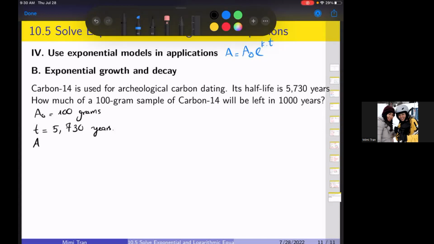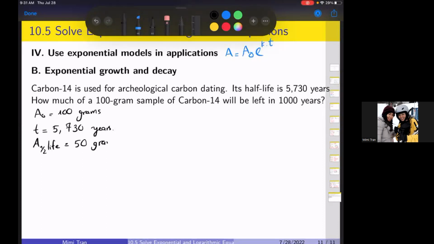So after one time, after 5,730 years, how much A of half-life do I have? From 100 it should go down to 50 grams, right?